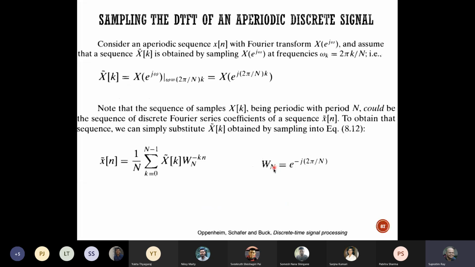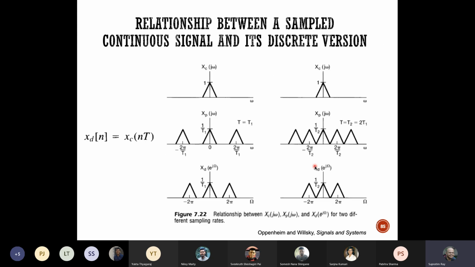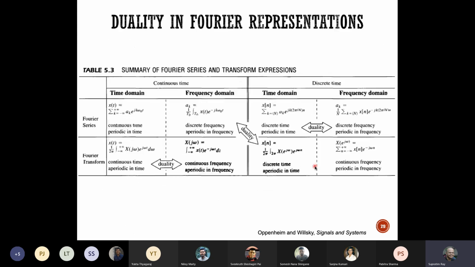like this. So I'm writing W_N as e to the power minus j 2 pi by N. And then we take a power of k here, and because there's a minus here, I put a minus there also. So this is nothing but e to the power j 2 pi k by N, which we have seen earlier here, e to the power j k 2 pi by N n.